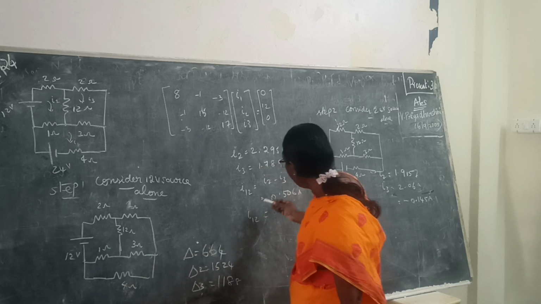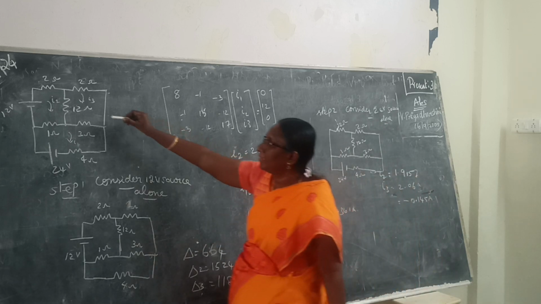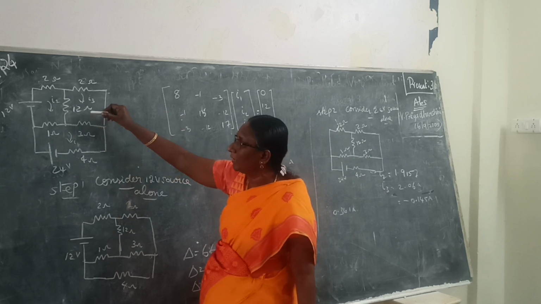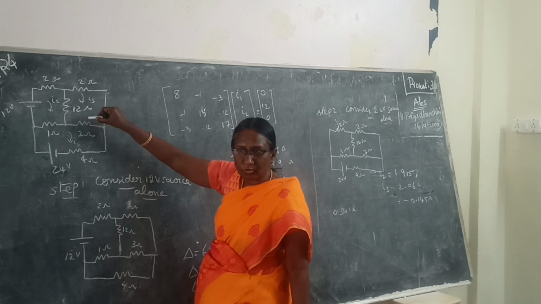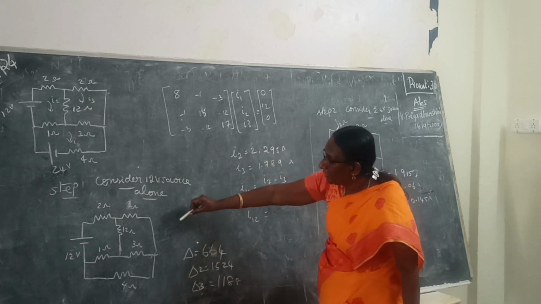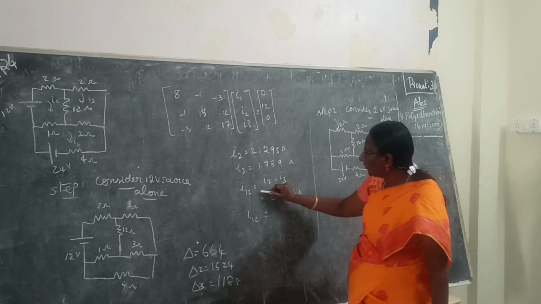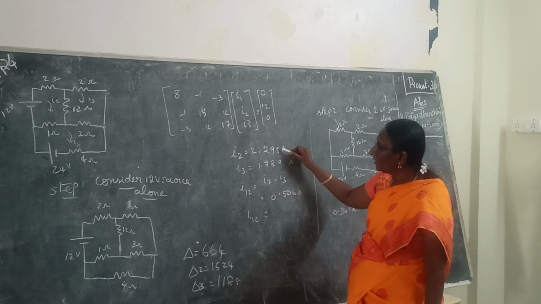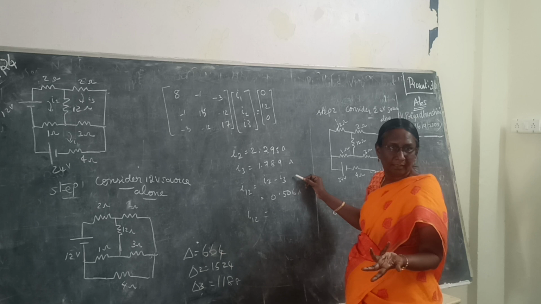Then find out the current through this 12 ohm resistor, not current I1, I2. What about the current through 12 ohm resistor? I2 minus I3. That's why by using 12 volt, the current through 12 ohm resistor is I2 minus I3. So there is no need to find out I1, isn't it?